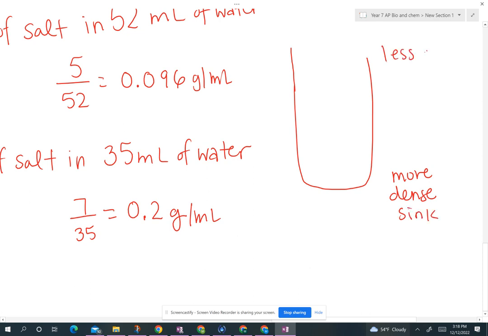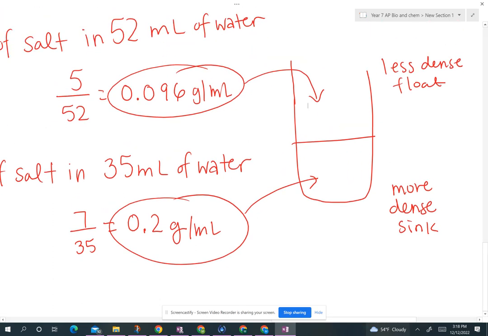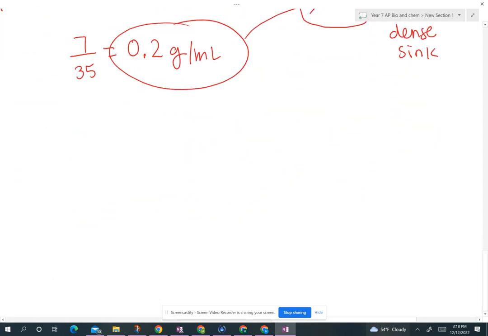Something that is less dense is going to float. So if I had these two solutions, my one that's going to be on the bottom is the more dense one, and my one that's going to be on the top is the less dense one. So that is what you guys will see there.